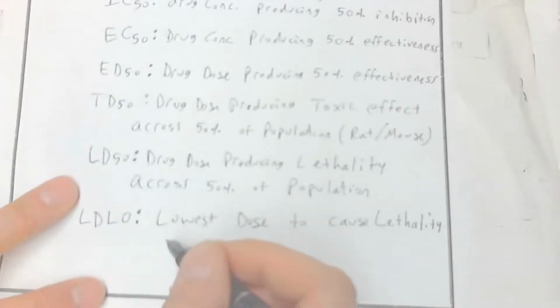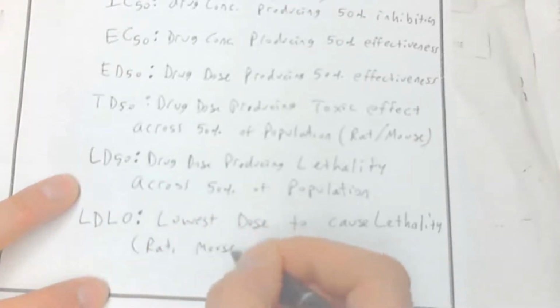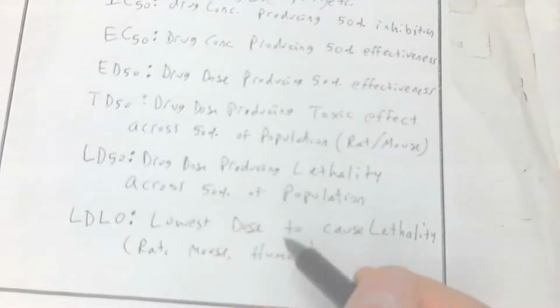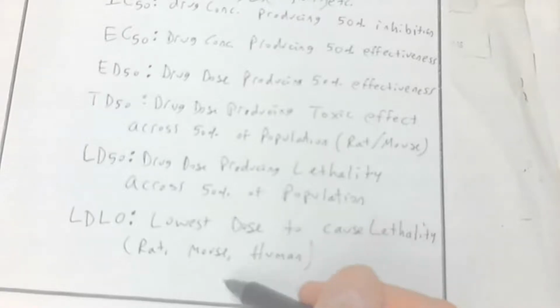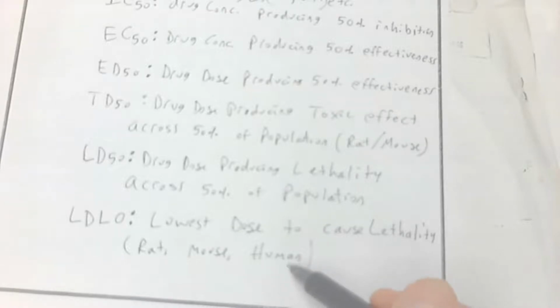So this is known for a lot of the common drugs, like clinical drugs. Of course, it can be measured for a rat or a mouse, but also definitely human, because a lot of drugs that are commonly used do have a known lethal dose, even in humans. And the lowest dose would be the lowest possible dose that might actually kill a human.